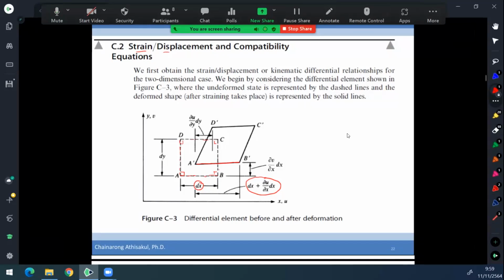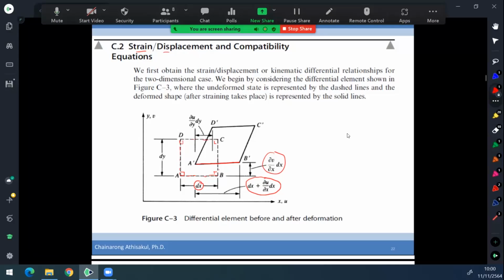Also, it not only deforms axially, it deforms in another direction also. So we have the change in angle. For this case, the point A moves, and the line AB changes to A'B'. It has an increment in the y direction with respect to x also. Then we define this as partial v by partial x dx.